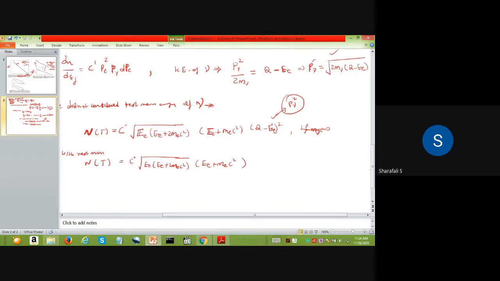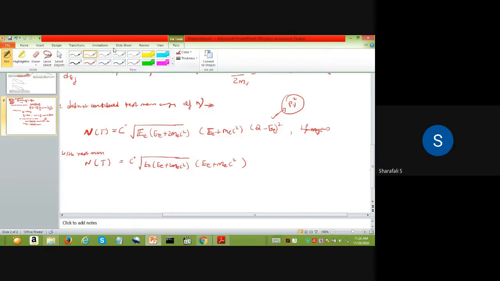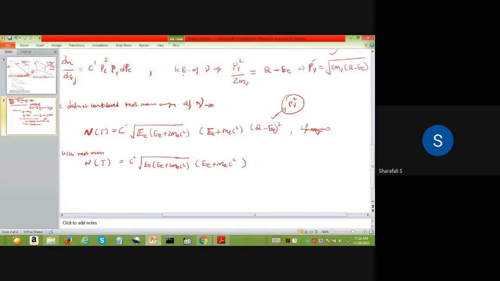And this term is different because we do not have p nu square now. We have only p nu. Initially we had dn by dE, and in that term we had p nu square dp_e, but now if we consider rest mass, we have only p nu. One p nu will get cancelled, so only that term will come. So in that particular case, we have that p nu value equal to this.